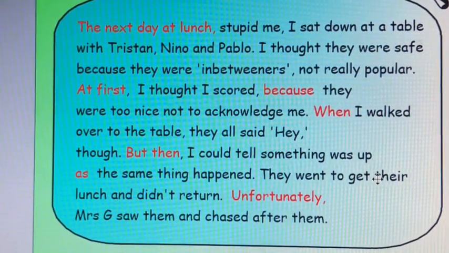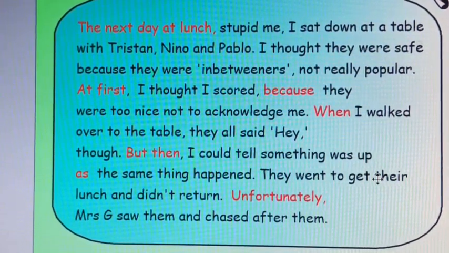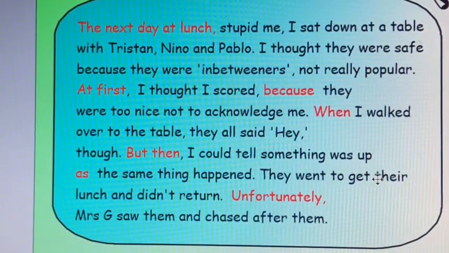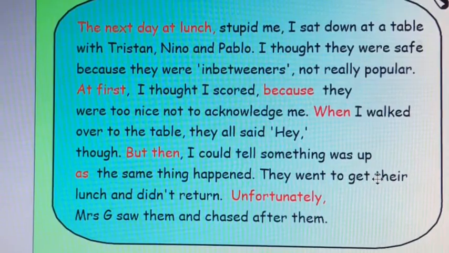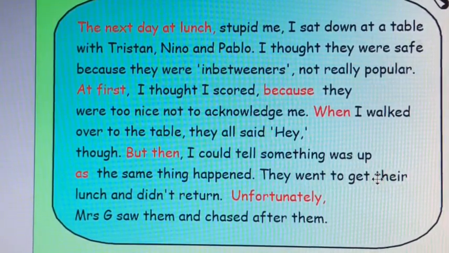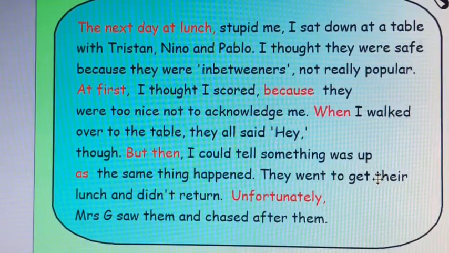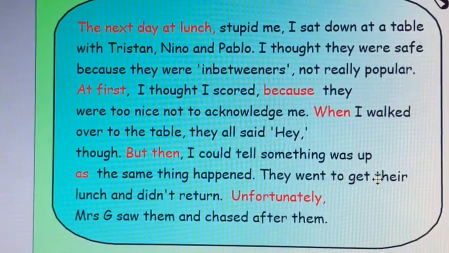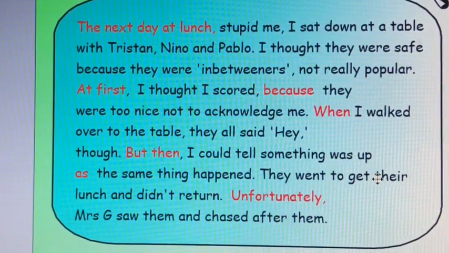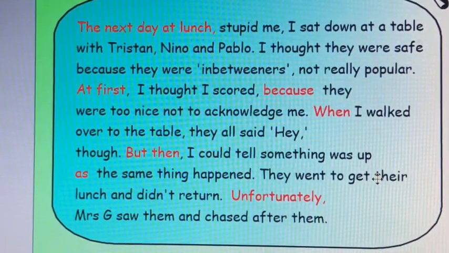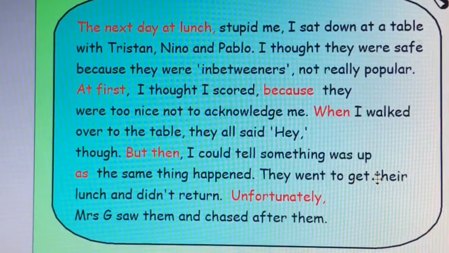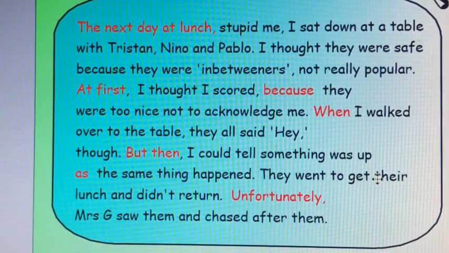So, the next day at lunch, stupid me. So you could have used the next day or the day after. I sat down at a table with Tristan, Nino and Pablo. I thought they were safe because they were in-betweeners, not really popular. At first, again, you could have used to begin with, or initially. I thought I scored because they were too nice to acknowledge me.